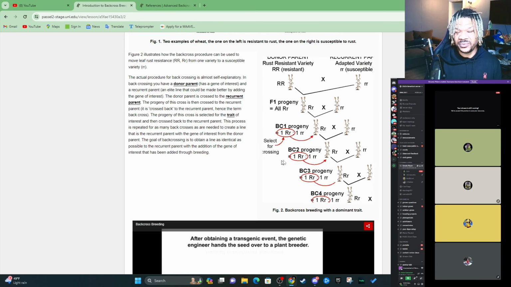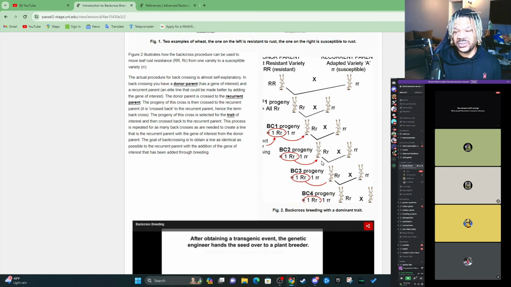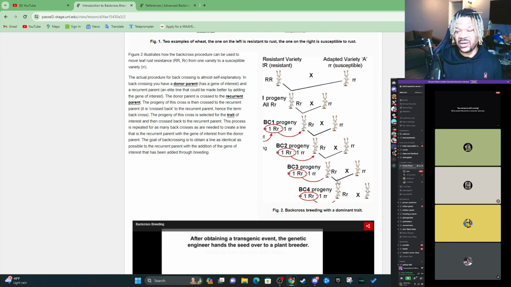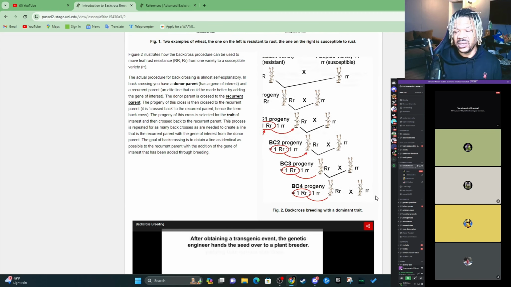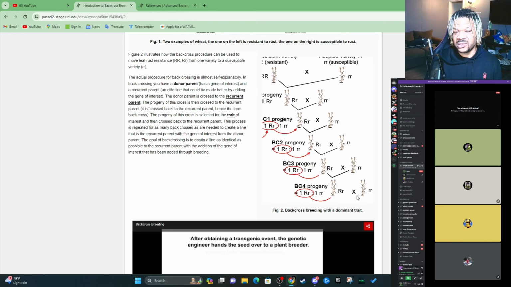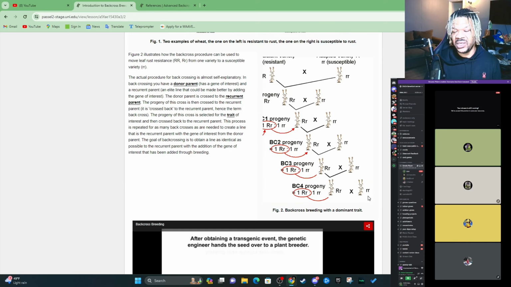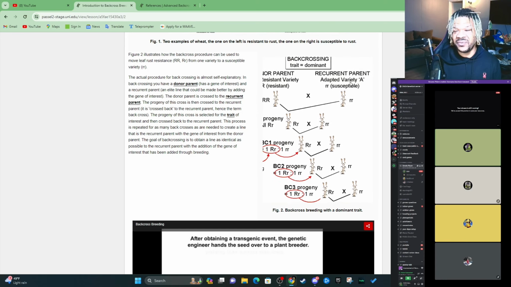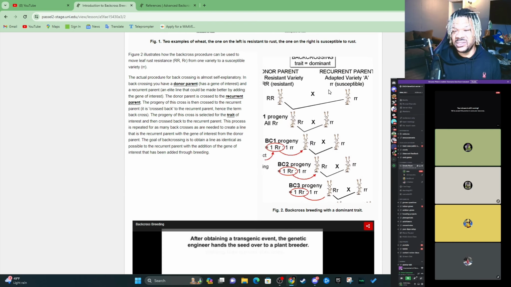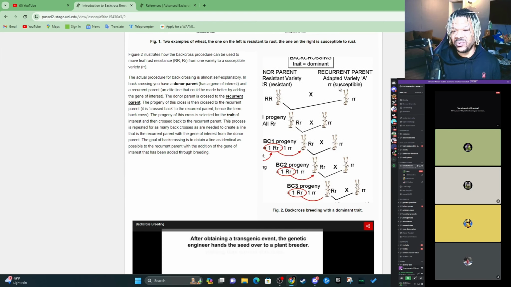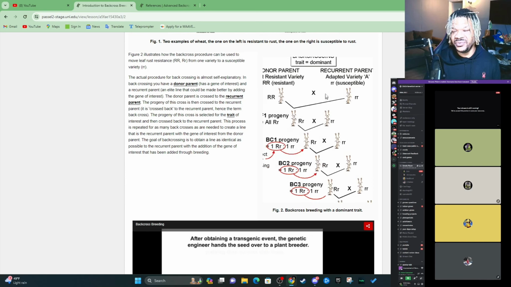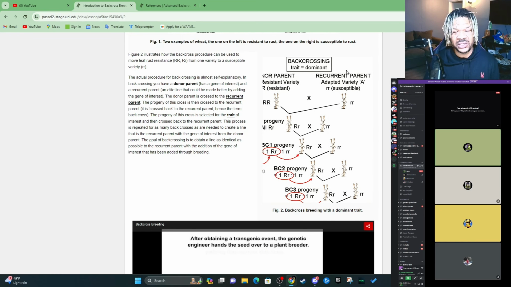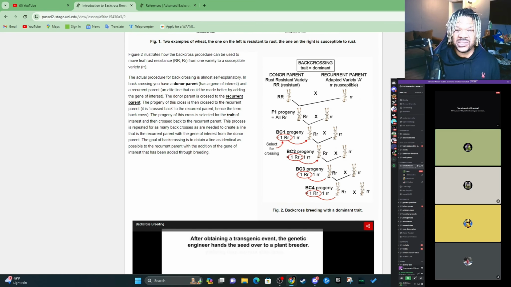Backcross 1, backcrossed again, backcrossed again, and backcrossed again. So at the end of it all, this adaptive variety will now have that trait that we want, rust resistance in this case.